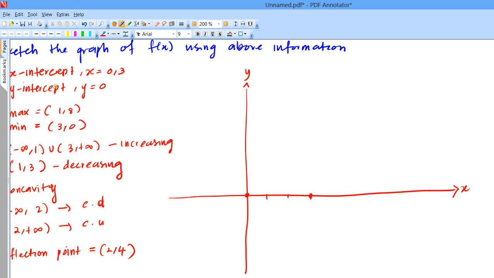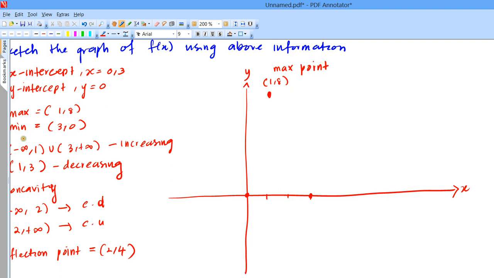And then we have the y-intercept equal to 0. Okay, next the maximum point. The maximum point is 1, f of 1. Okay, this one maybe at this place. So we label it: 1, f of 1 is the maximum point.